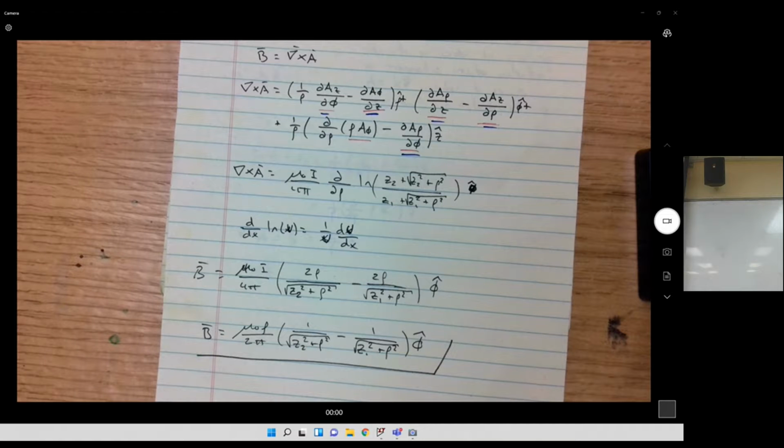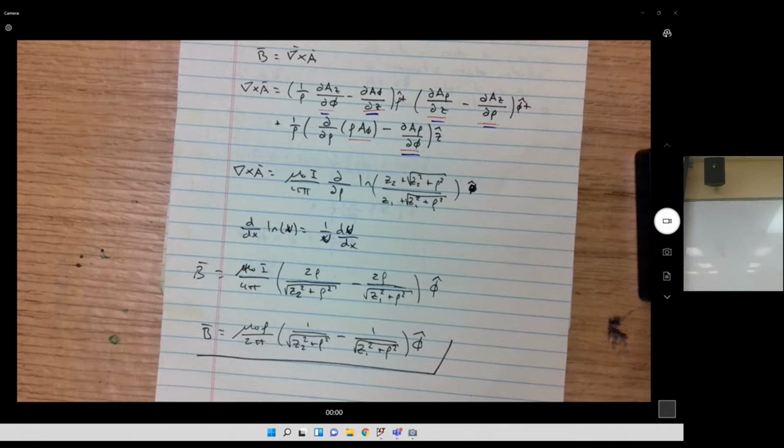So you're only going to have the z component. So you don't have any rho component, it's going to be zero, because you don't have any dependency. I was thinking, but rho, you can have a dependency on rho.